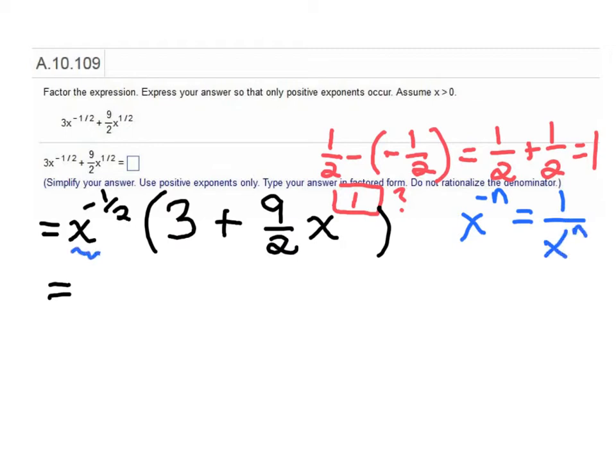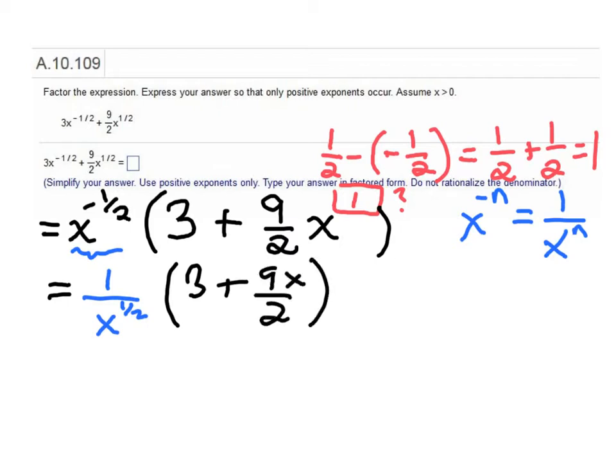So this x to the negative 1/2 here can be rewritten as 1 over x to the 1/2. Now what we have inside here is 3 plus 9/2 times x to the first, so I'm going to put that x in the numerator since it's a positive first power of x.